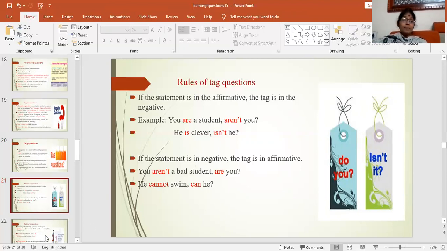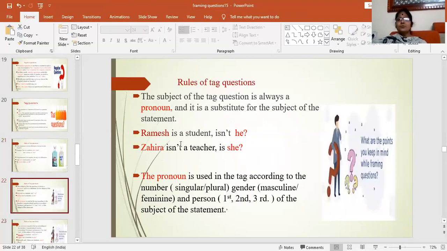Right? Next, the rule is that the subject of the tag question is always a pronoun and it is a substitute for the subject of the statement. For example, Ramesh is a student, isn't he? So in the tag question, if it is Ramesh, you will write he.